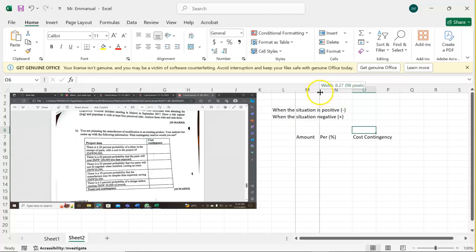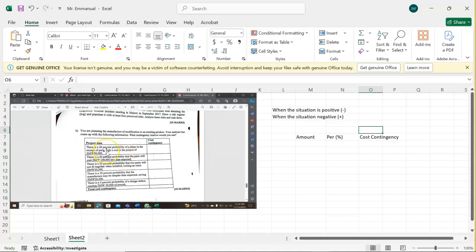So the first one says there is a 20% probability of delay in the receipt of parts with a cost to the budget of 90,000. So there's a 20% chance that you delay receiving the parts, and you have a cost for the project of 90,000.